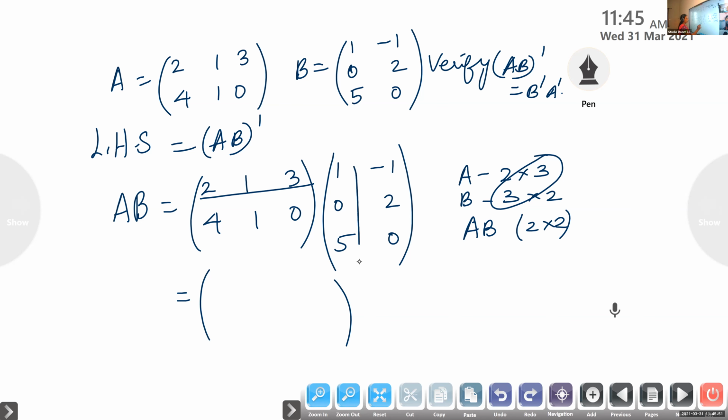Row with column. Michael, multiply and give me the answer. Not the final answer, tell me how you will do this.